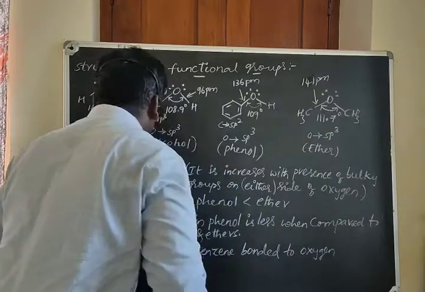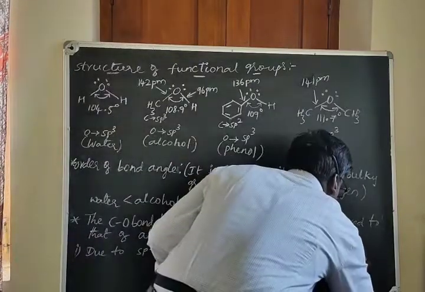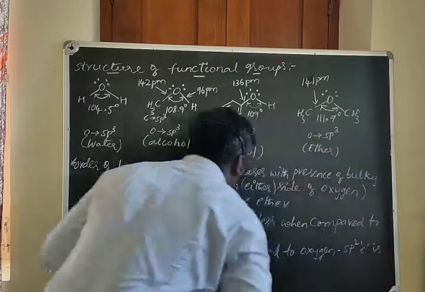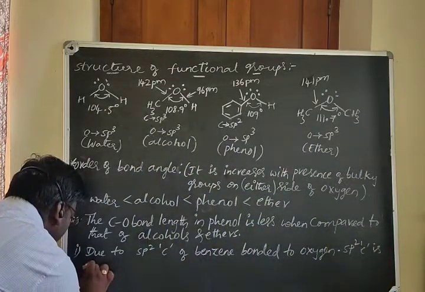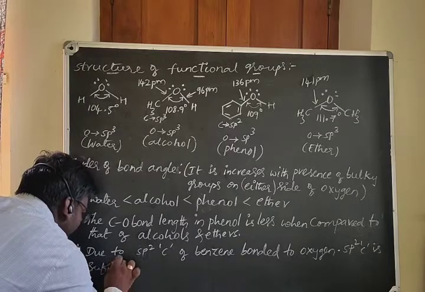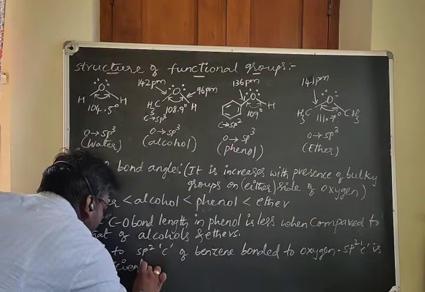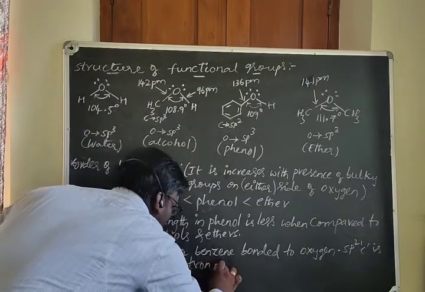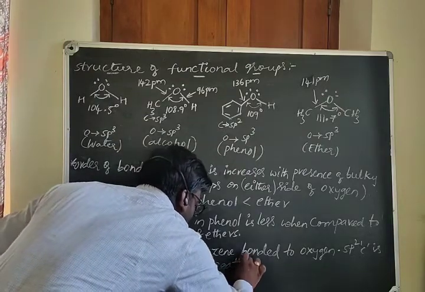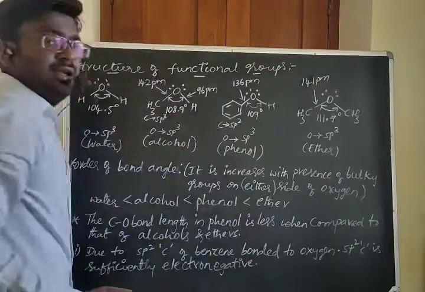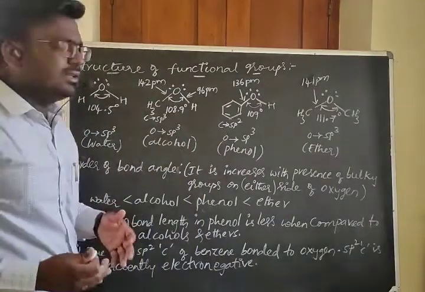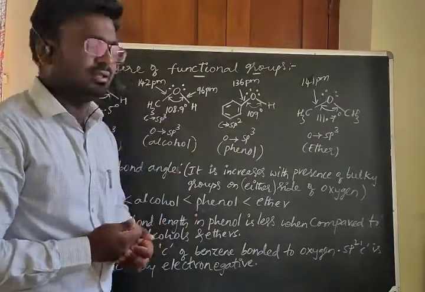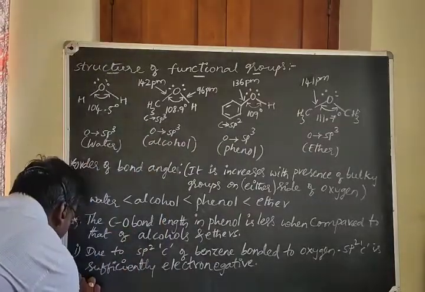The sp2 carbon is sufficiently electronegative. Okay, this is the reason. You see, as electronegativity increases, the bond length decreases. And what is the second reason?